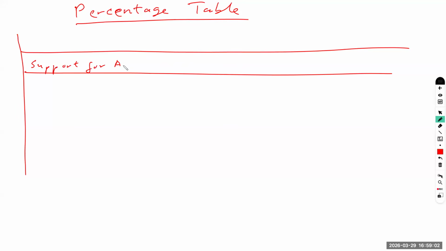We are replicating the same way, just that we're changing a few things, that's all. So the title is now percentage table. Independent variable, put that in mind. As I said, independent variable, the same thing. Cost level.